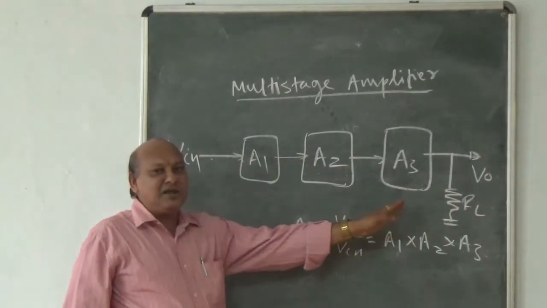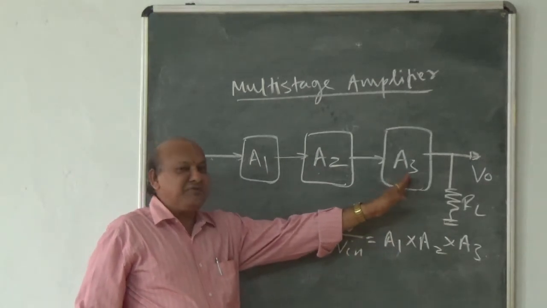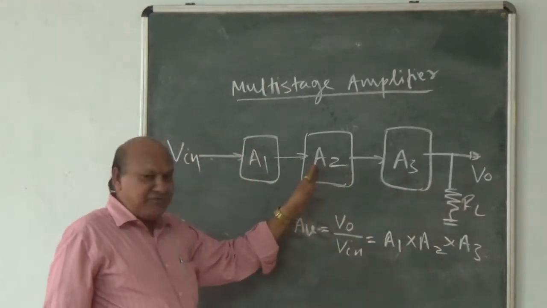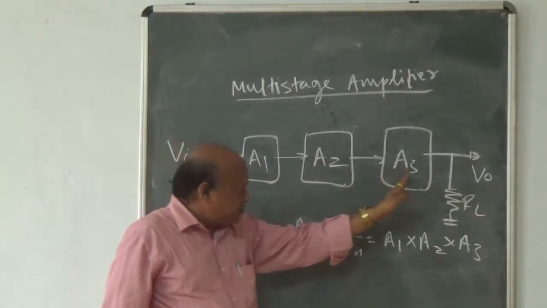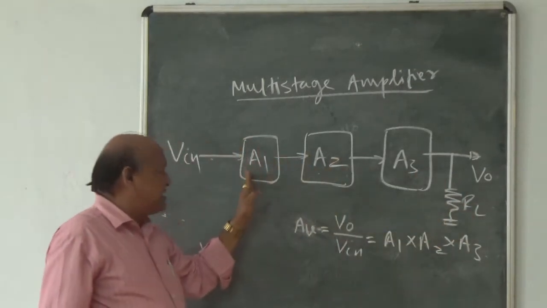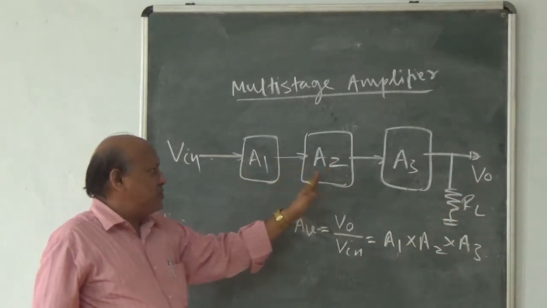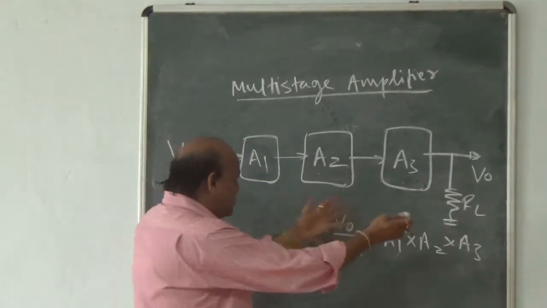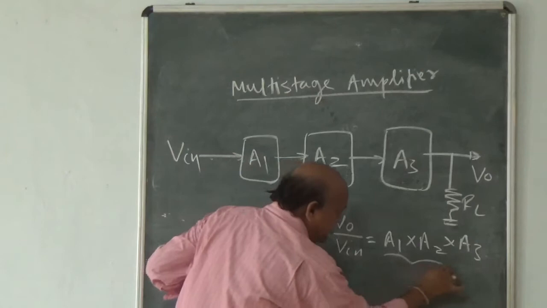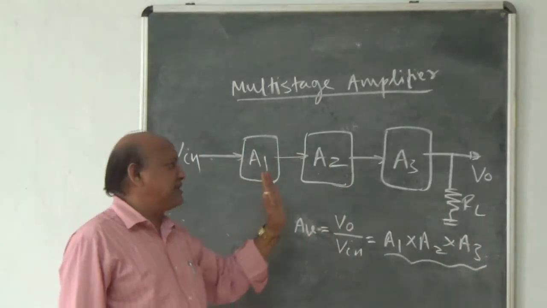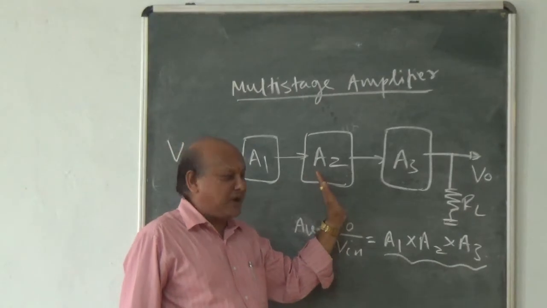So overall, A3 will be reduced due to this loading effect, A2 will be reduced due to A3 and RL, and similarly A1 will be reduced due to A2, A3 and RL. So due to the overall loading effect, the gain gets reduced. This is the only disadvantage of the multi-stage amplifier.